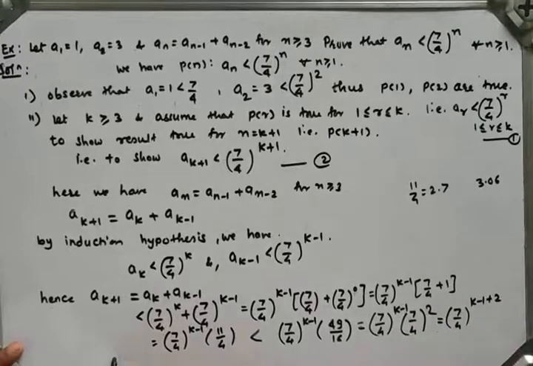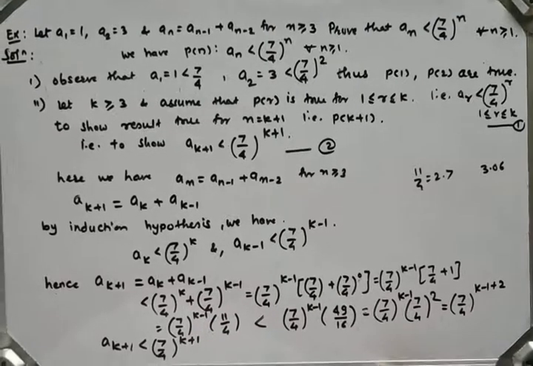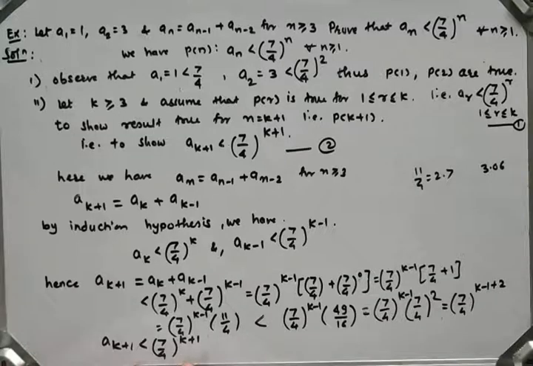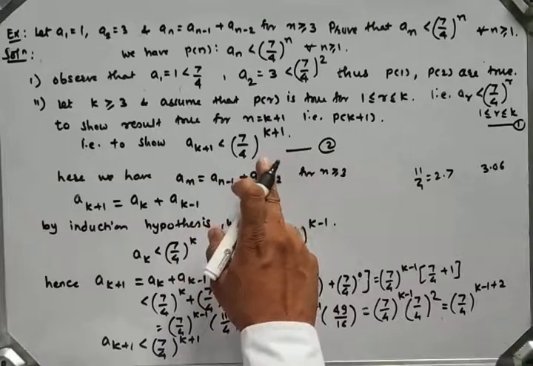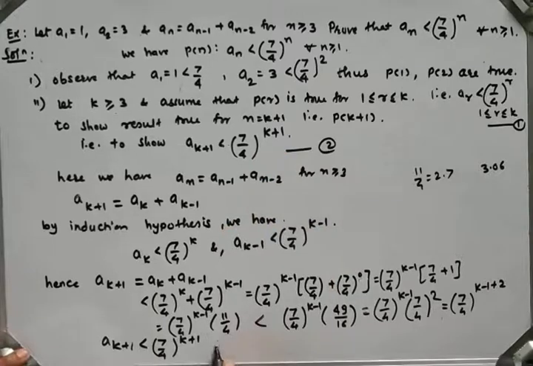So directly a k plus 1 is strictly less than 7 by 4 raised to k plus 1. The result, equation 2, is a k plus 1 is less than 7 by 4 raised to k plus 1, therefore the result is true for n equal to k plus 1.